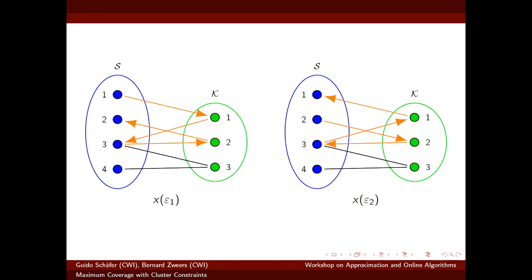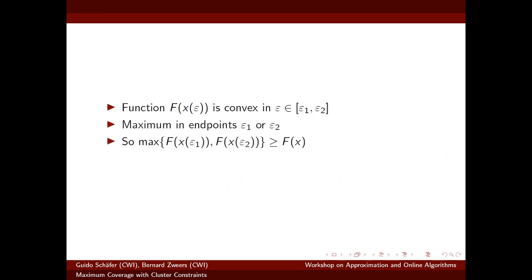And at one point, again, there will be an edge that's either 0 or 1, and then you stop. But these are the two most extreme parts you can get. And we can show that the function f_x epsilon is convex in the interval between these two extremes.